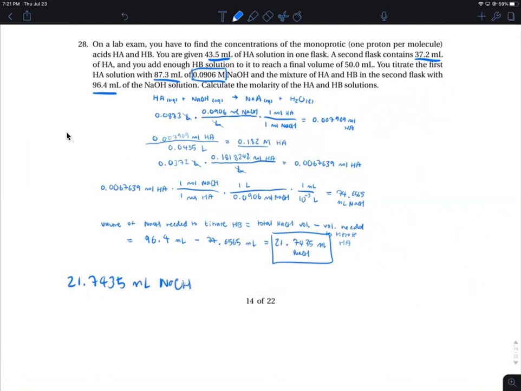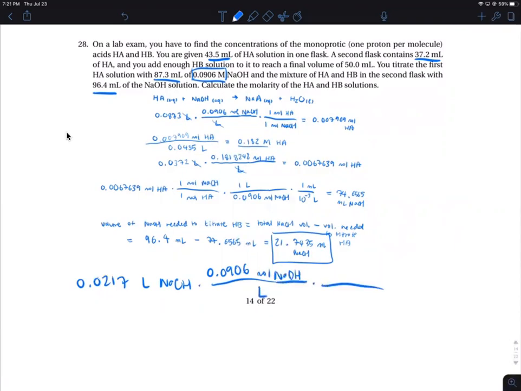We can go ahead and convert this to liters again for convenience. That's 0.0217. And we have 0.0906 moles of NaOH per liter.